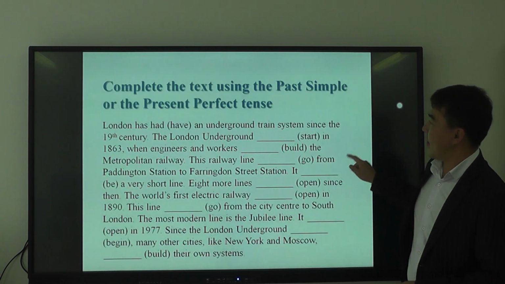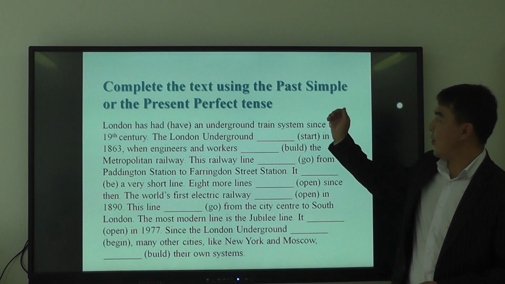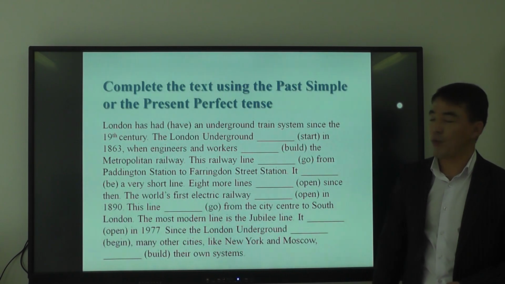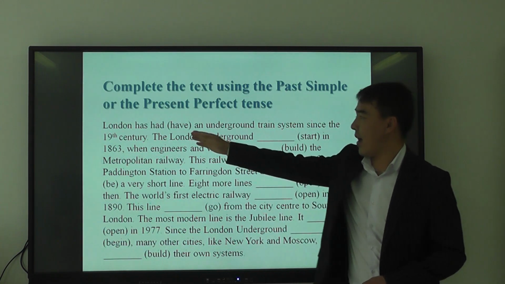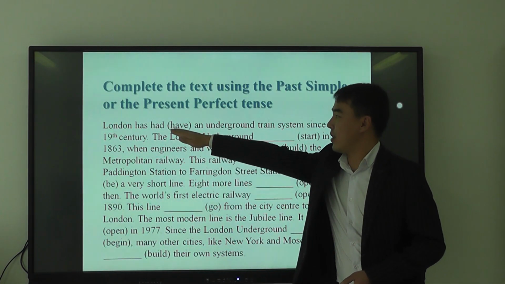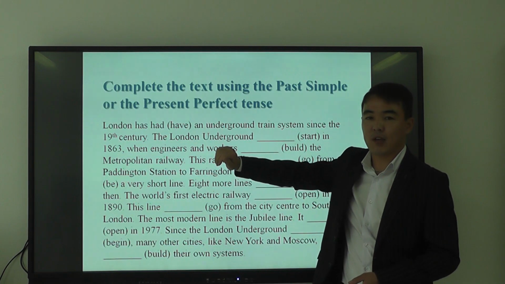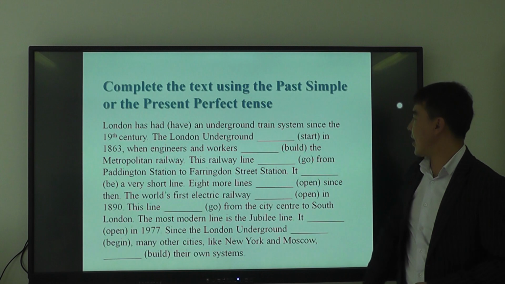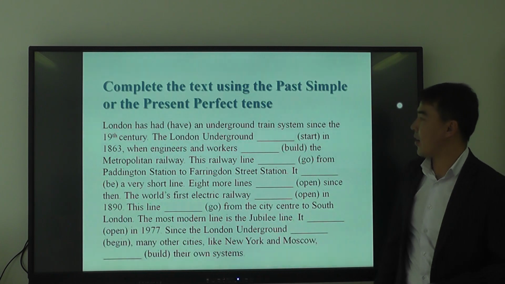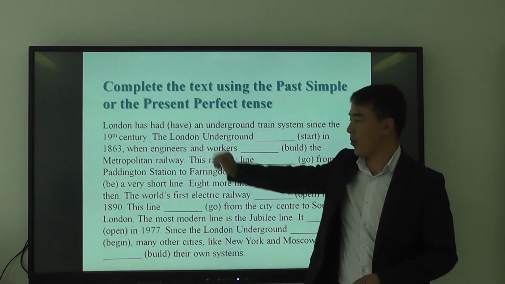Do the exercise, please. Complete the text using the past simple and the present perfect tense. For example, London has, and here have and had. It is a present perfect tense. London has had an underground train system since the 19th century.